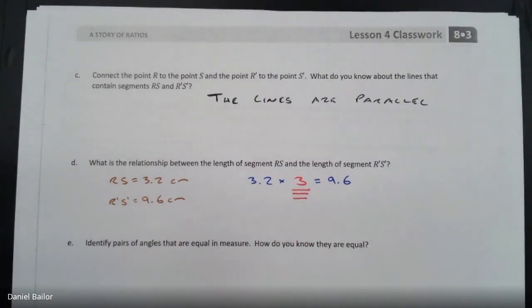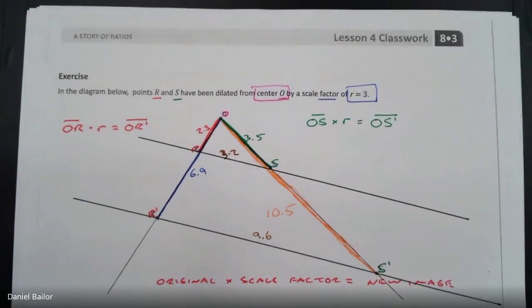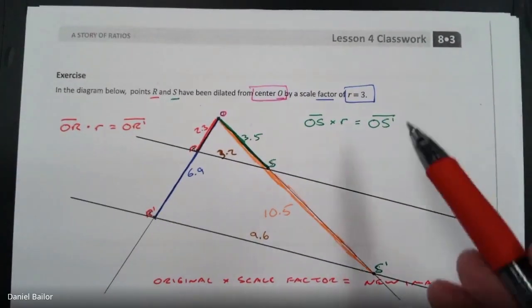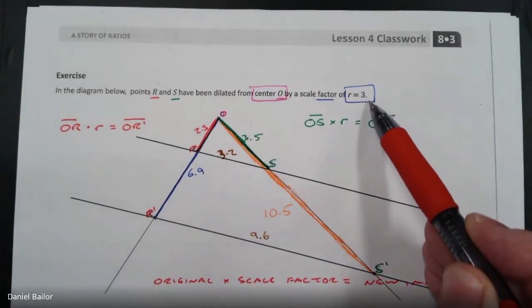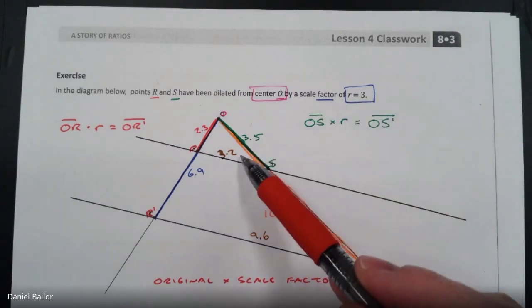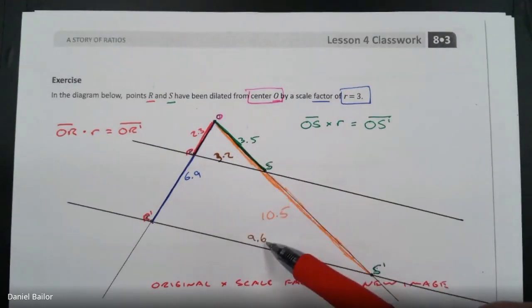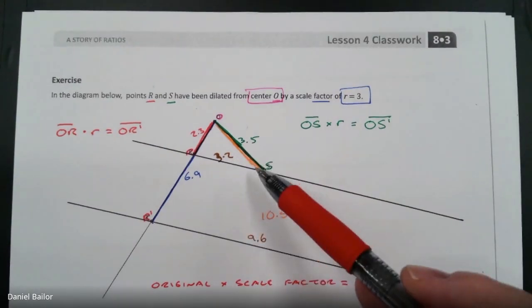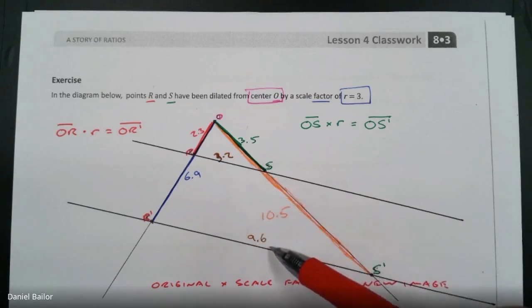Those of you paying attention will know where the 3 came from, because we've used it before in this question. It's right here. R equals 3, which means if this is 3.2, 3.2 times 3 makes 9.6. This follows the same scale factor.